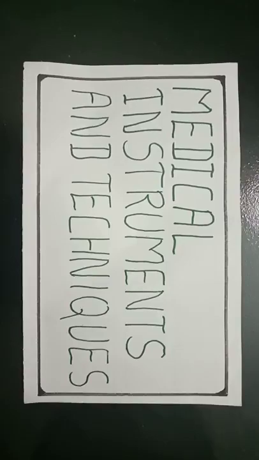Then second clinical significance of the X-ray is it is used to see or visualize the hollow organs. Hollow organs means organs which consist of empty places inside are called hollow organs. Okay, and also used to visualize the blood vessels.